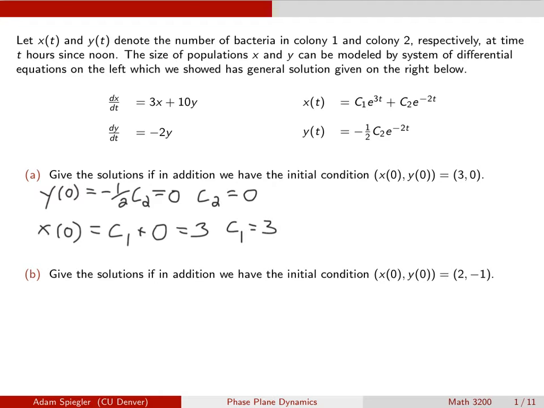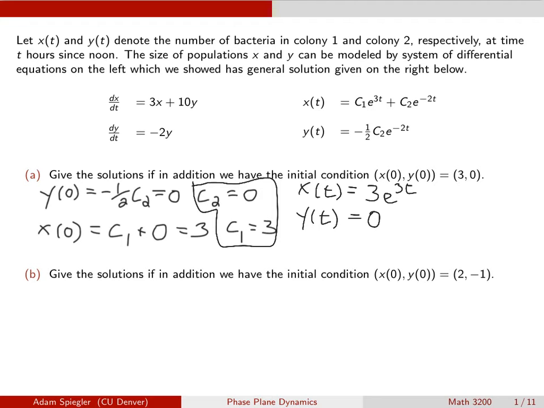And once we've got these values for C1 and C2, we now can express our general solutions more specifically with the solution to the initial value problem. So X would look like 3 e to the 3t, and y of t would just be 0, right? And so if we start with 0 amount of y, we're going to always have 0 amounts of y.